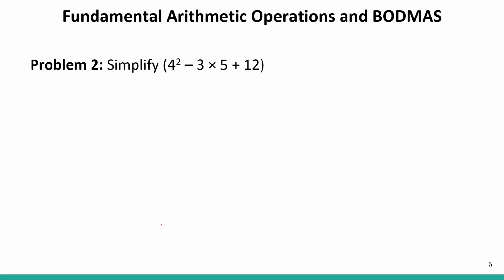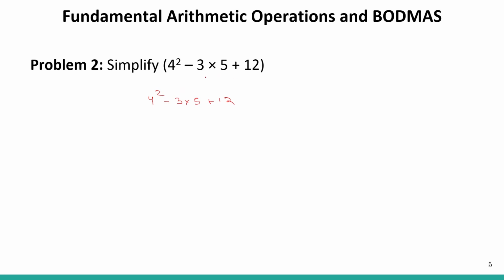Now problem number 2: simplify bracket 4 square minus 3 into 5 plus 12. We look for brackets, there is one, so we simplify it further: 4 square minus 3 into 5 plus 12.